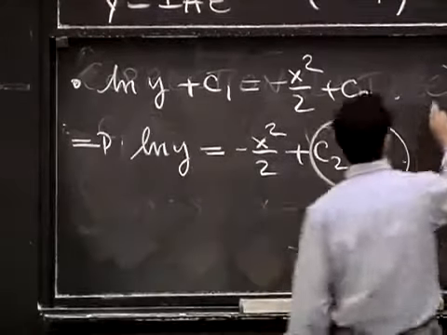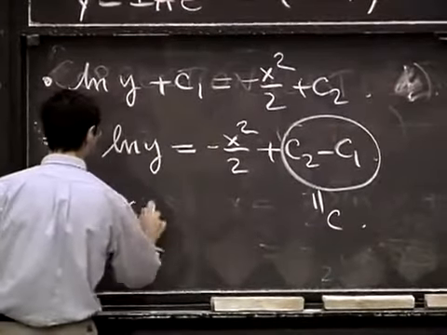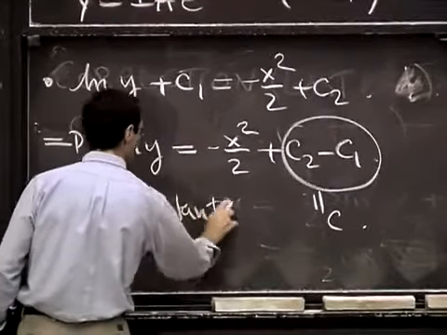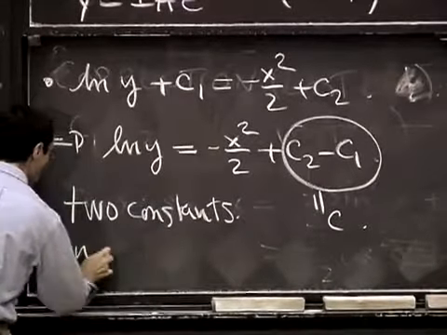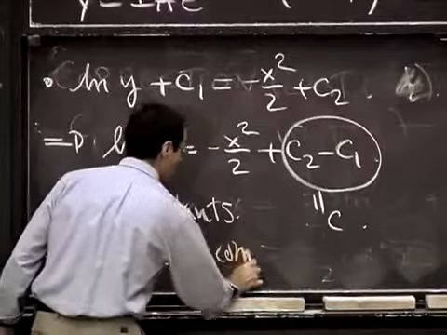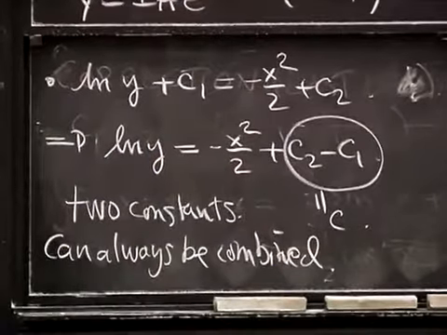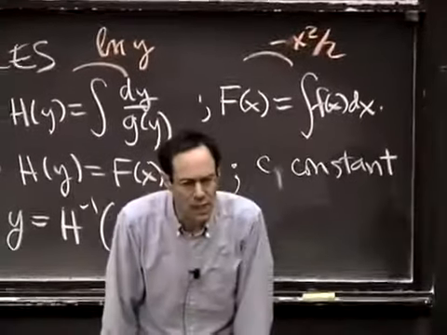So two constants are superfluous. So we just never do it this first way. It's just extra writing. It's a waste of time.